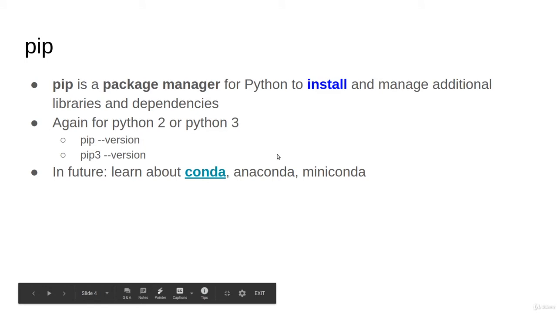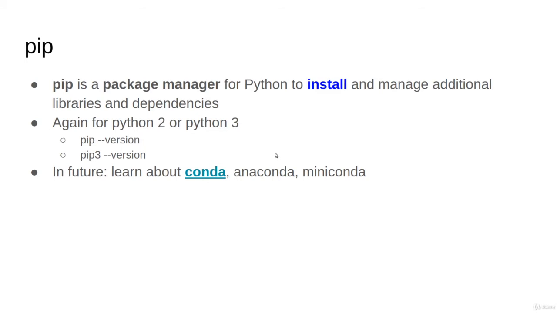Pip is a package manager. In the early part of the course, you don't need to install pip, but it's good to know about it. Pip is a package manager, so it is going to help you install a lot of things that you might need to add to Python. So there is the default Python with default packages, and then the pip manager is helping you to add more and more.